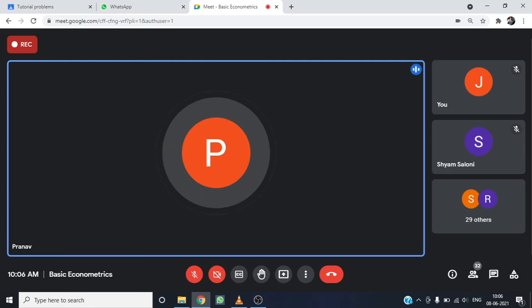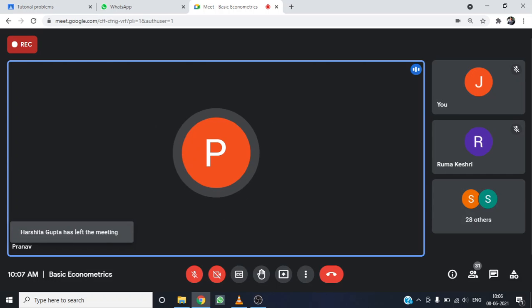For the sake of simplicity, let us assume that the variance of ui is proportional to the variable x2, meaning that as x2 increases, the variability observed in the errors also increases. So this is an assumption. This is how you are able to remedy the problem of heteroscedasticity using weighted least squares.